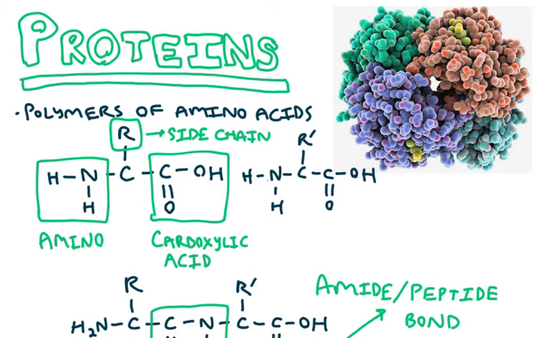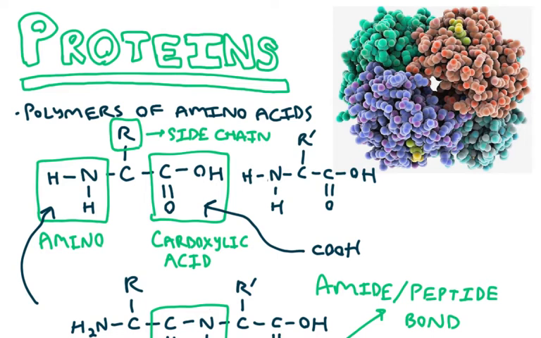In this case, the amino group is the NH2. And when we say acid, we are talking about carboxylic acid. So that's this C double bond OOH group here. This one you'll see represented sometimes like this. That just means the same thing.